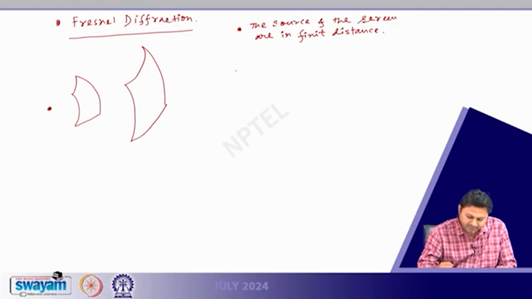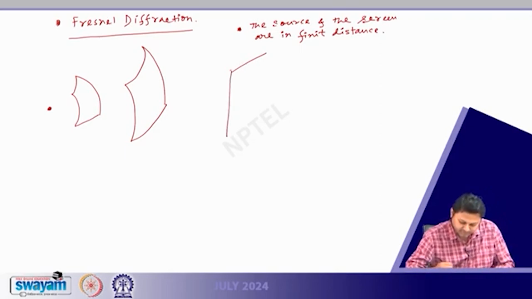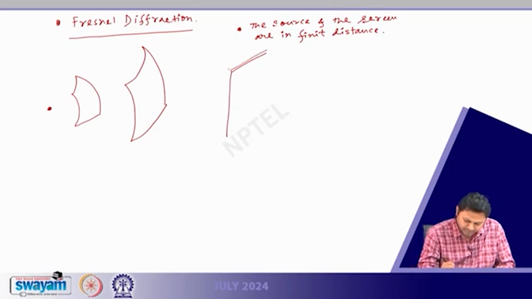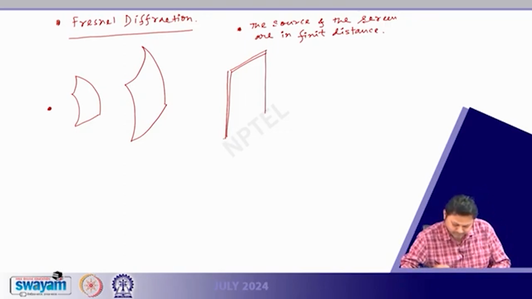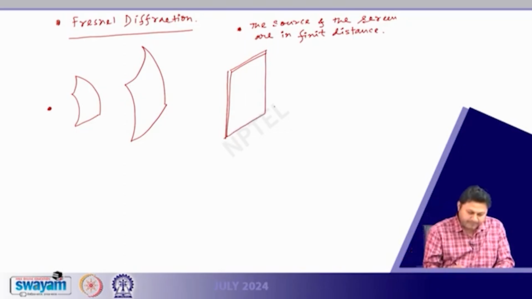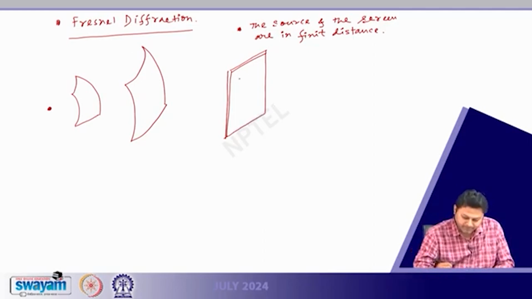And then we have an aperture here through which the light will fall. So, this is the window.